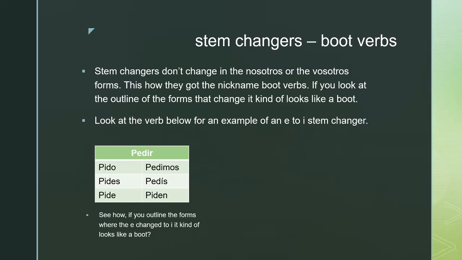The name boot verb is there to remind us that we don't stem change in the nosotros or the vosotros form. Down below we see the verb pedir, and we see P-I-D-O, P-I-D-E-S, P-I-D-E, but it's P-E-D-I-M-O-S, P-E-D-I with an accent S in the vosotros and the nosotros form, and then piden in the ustedes, ellos, ellas form.